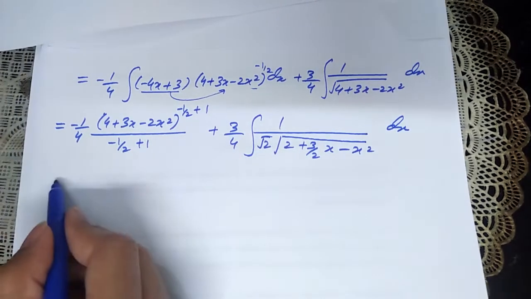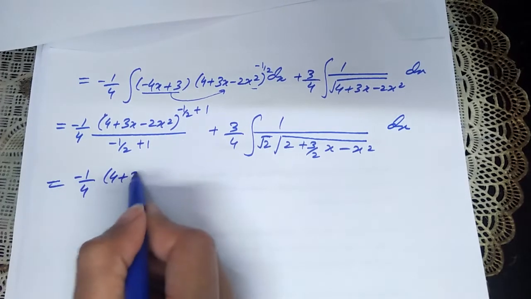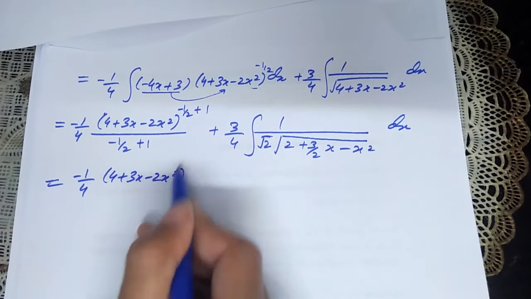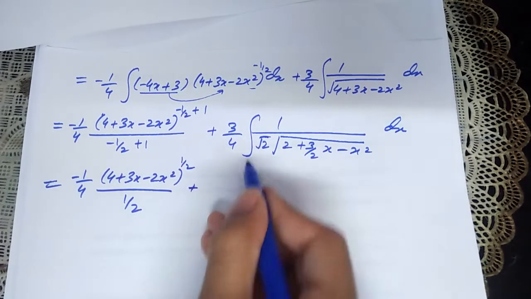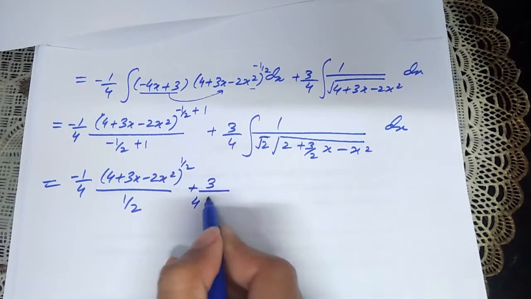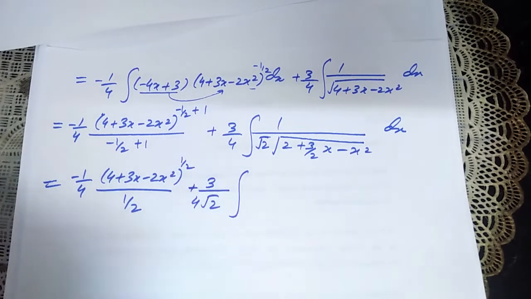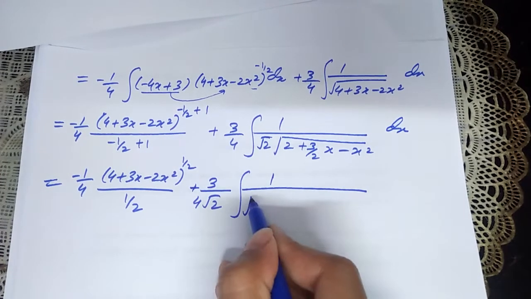Now here you will get minus 1 over 4 plus 3x minus 2x square, 1 by 2 over 1 by 2. Plus this under root 2 can be taken outside. It will become 3 over 4 under root 2 like this, 1 over under root.